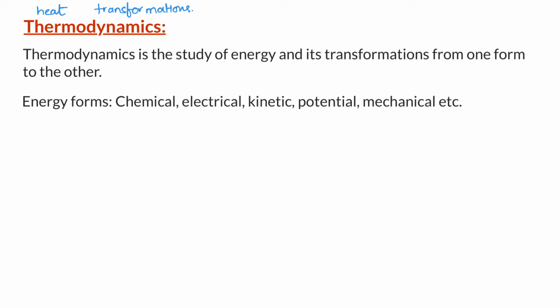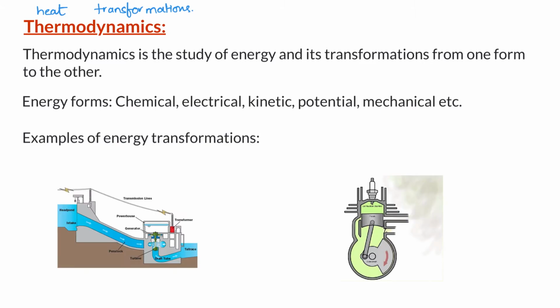There are different forms of energies such as chemical energy, electrical energy, kinetic, potential, and mechanical energies, etc. And we see various energy transformations from one form to another form in our everyday life.